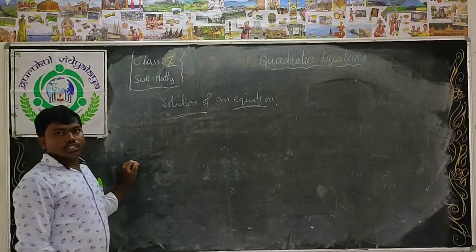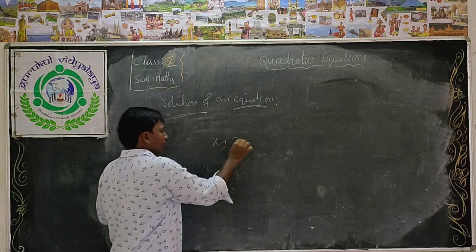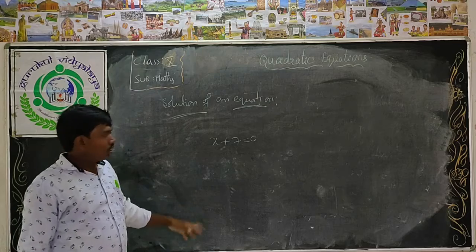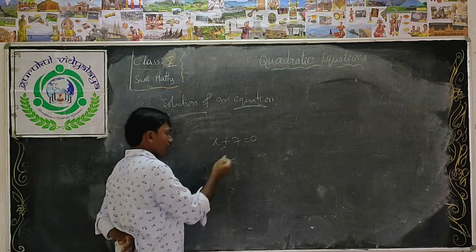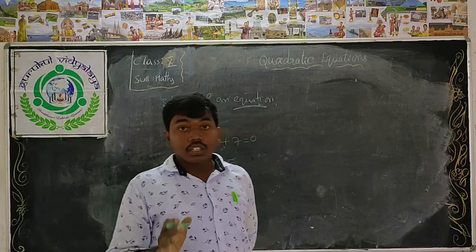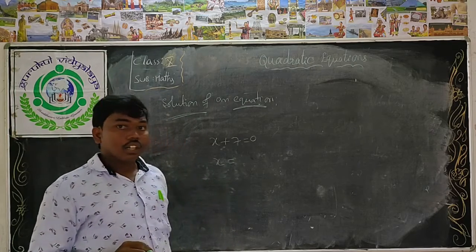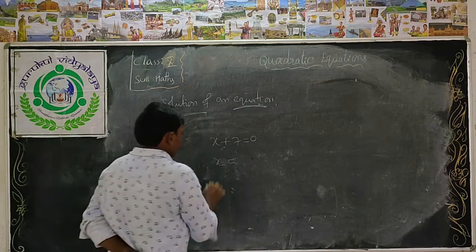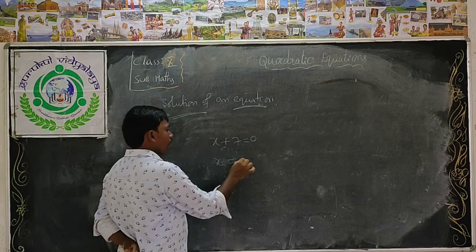See the children, solution of an equation. For example, x plus 7 is equal to 0. It is called a linear equation in one variable or simple equation. We can solve it easily. For example, transforming method; we have different methods. Already you learned the balancing method, transforming method, and the trial and error method in 6th and 7th classes. See, plus 7 transforming to RHS will become minus 7.